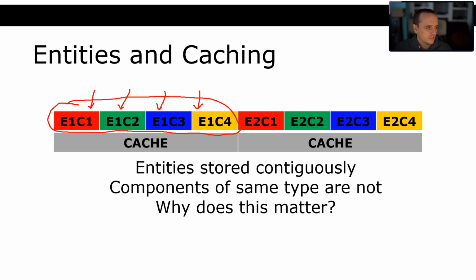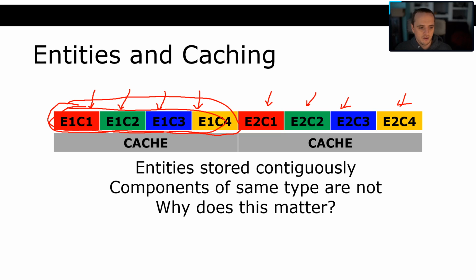I've color-coded them just so you can see the difference. And all of these got cached. And then we have entity number 2's component 1, component 2, component 3, component 4, right? So the entities are stored contiguously, and the components within each entity are stored contiguously, but components of the same type are not stored contiguously.